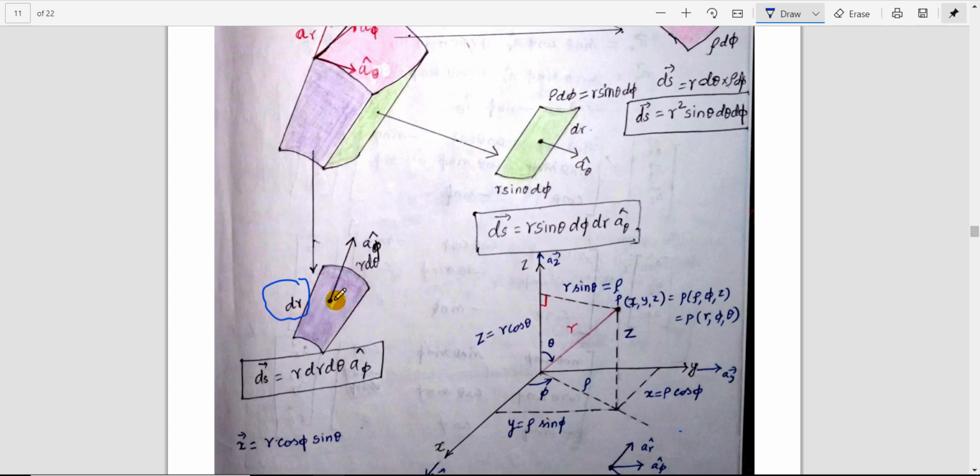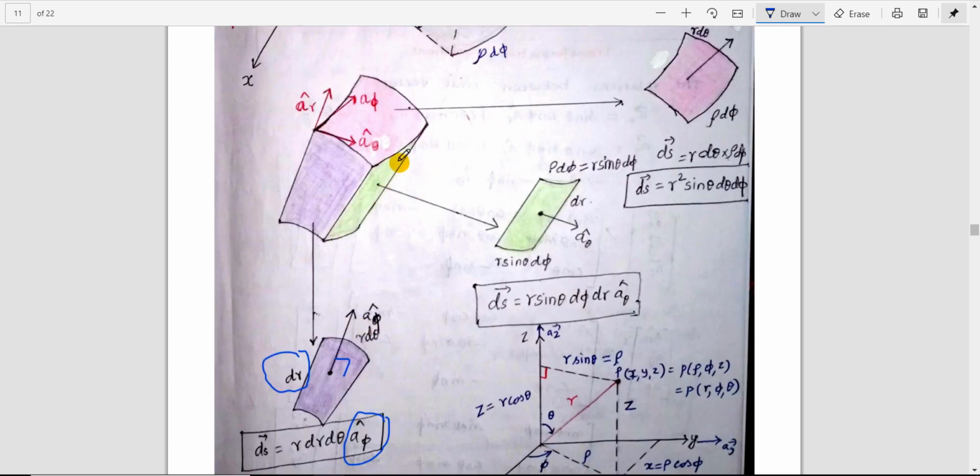If we define this surface with the components dr and r d theta, then we can represent the surface as ds is equal to r into dr into d theta of a phi. Why a phi? Because a phi is the only vector orthogonal to this surface, making 90 degrees to it, so we give this unit orthonormal vector as a phi here.